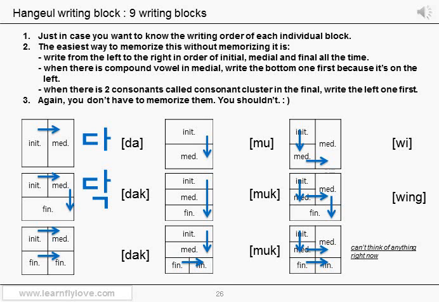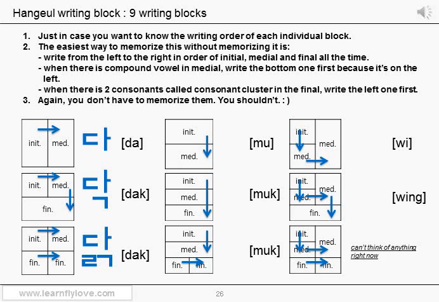Let's see the block with a consonant cluster. T consonant comes first in the block, it's an initial, and medial A vowel comes. It's read ta until now, but then bang, 2 consonants are stuffed in the final. We call this a consonant cluster. We are not going to talk about the pronunciation of the consonant cluster here, but just remember that you never pronounce both of the consonants in a consonant cluster.